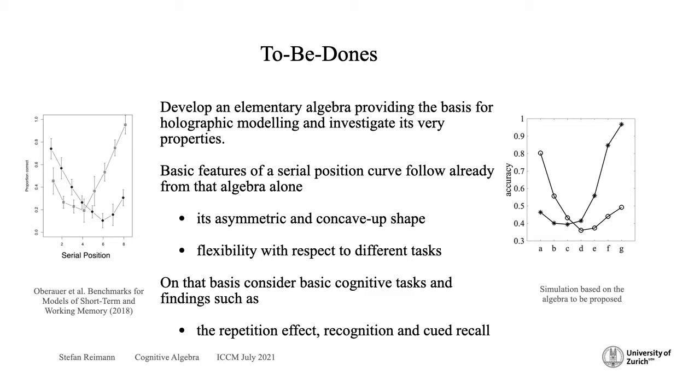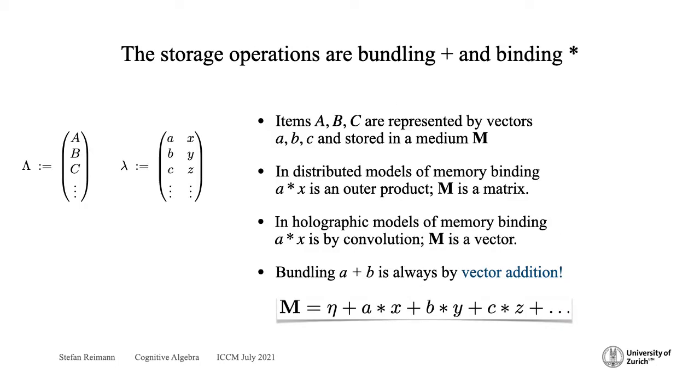To avoid misunderstandings, I do not aim to provide a full-blown complex model with a great number of parameters, just the opposite. I will develop an elementary and simple computational structure with very few parameters and will show that this simple algebra already allows to qualitatively reproduce basic experimental findings.